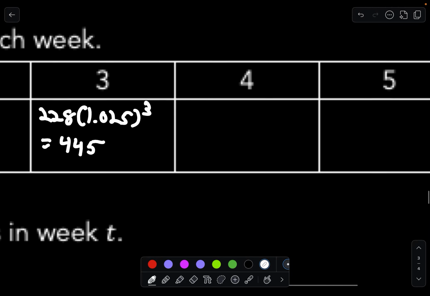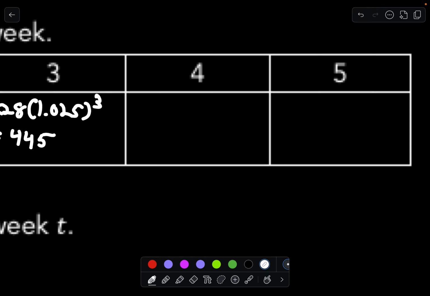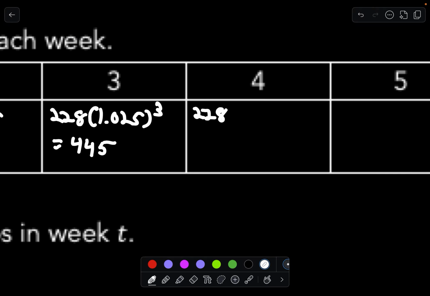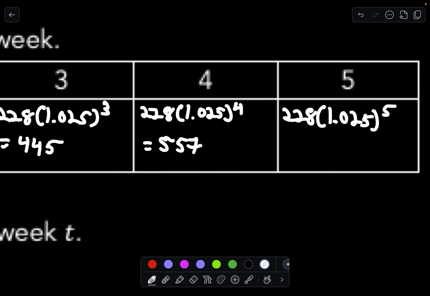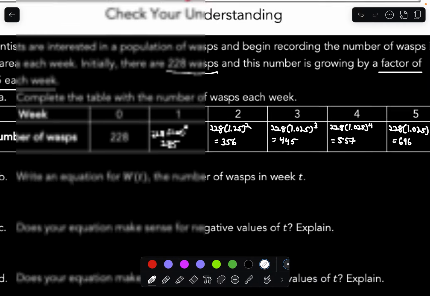And the fourth week, it'll be 228 times 1.25 to the fourth power, and that equals 557 wasps. The fifth week, it's just like before. You need a calculator. 228 times 1.25 to the fifth power equals 696 wasps. So it's growing pretty quickly.